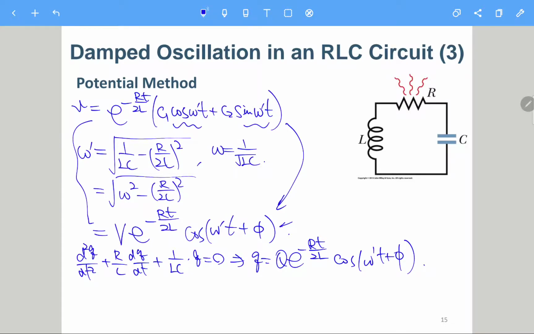we have something like a cosine omega prime t plus phi. So there are two variables to determine this sinusoidal function. Yeah, we have omega and phi. Or likewise, we can have another two variables to represent the same sinusoidal function, which are C1 and C2 here.